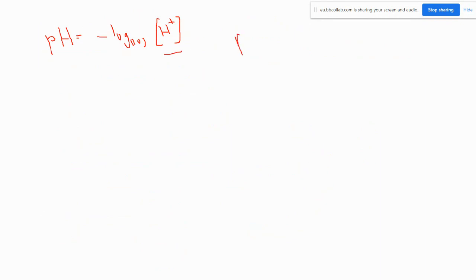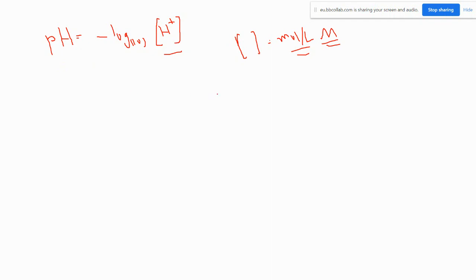This square bracket means mole per liter, or molar. It is called molarity. So pH is equal to minus log of H positive molar concentration.